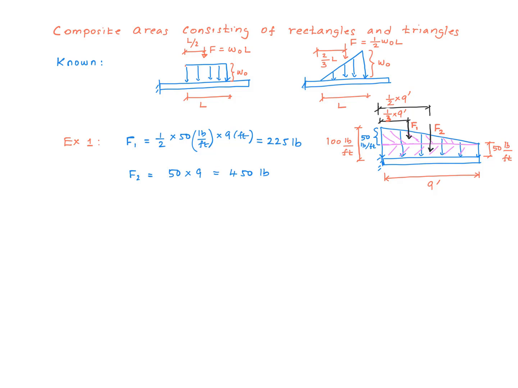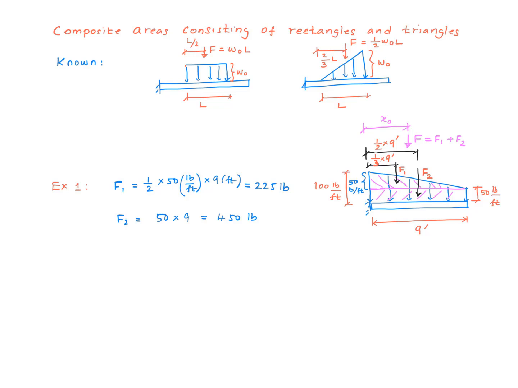And of course, we recognize this distance right there is 100 minus 50, which is 50, right? And therefore, area under the triangle would be half times 50 multiplied by 9. And I get 225 pounds out of that. And the area of the rectangle is 50 multiplied by 9. And that gives me 450 pounds for that.